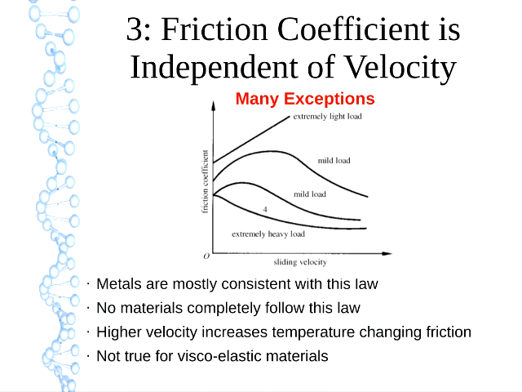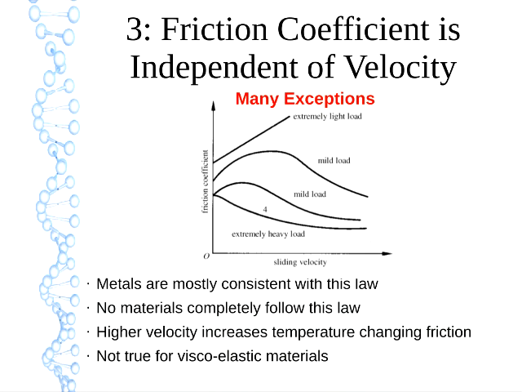Rule number 3, coefficient of friction is independent of velocity. Well, there are many exceptions to this rule. Metals are mostly consistent with this law, but no materials completely follow the law.